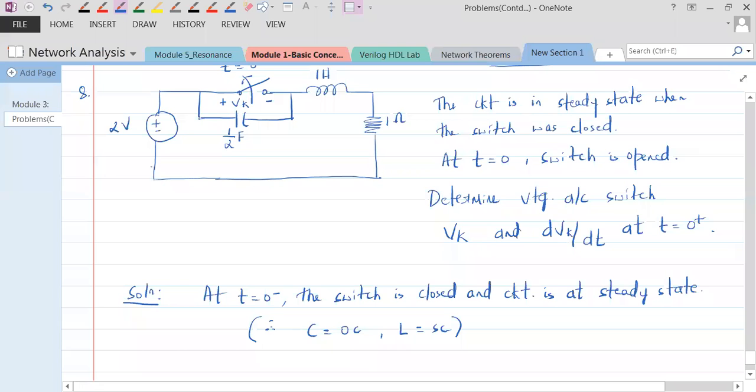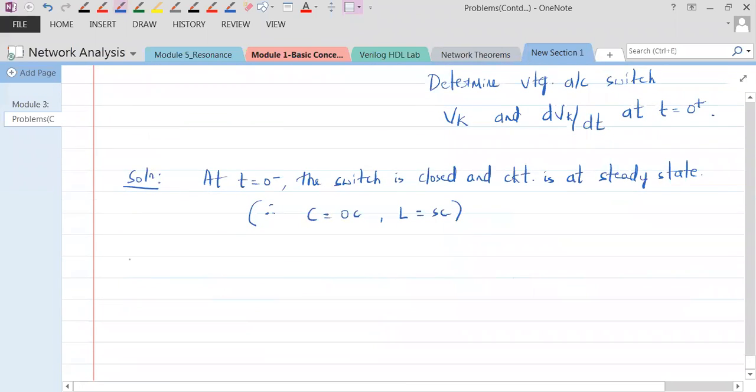So now write down the circuit diagram at t equal to 0 minus when the circuit is at steady state. Therefore, at t equal to 0 minus, the circuit looks like this. Everybody just copy it down. You have the voltage source. You have the switch closed now.